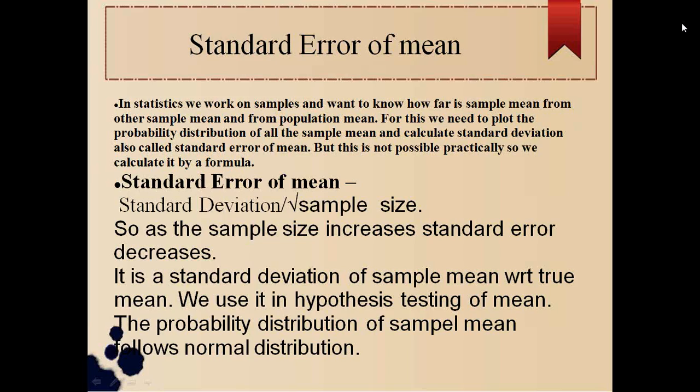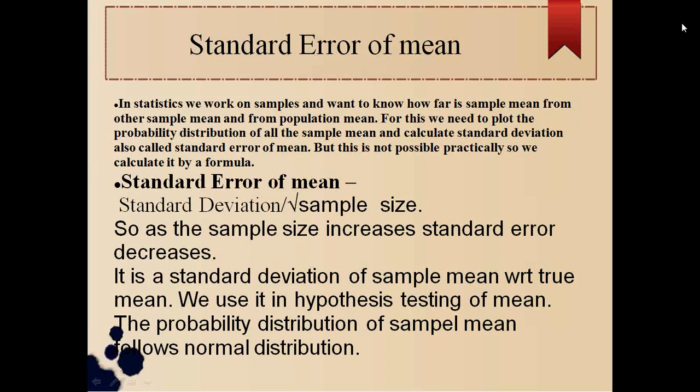Someone will give me 10, some 11, 12, 13, 14, like that. Now if we plot a graph of this sample mean, this graph will follow normal distribution. So this is what I mean to say: the probability distribution of sample mean follows normal distribution.